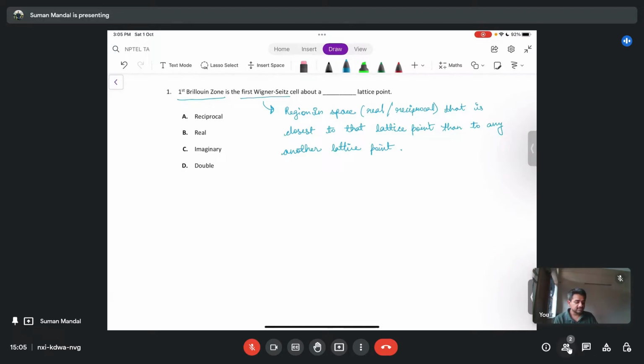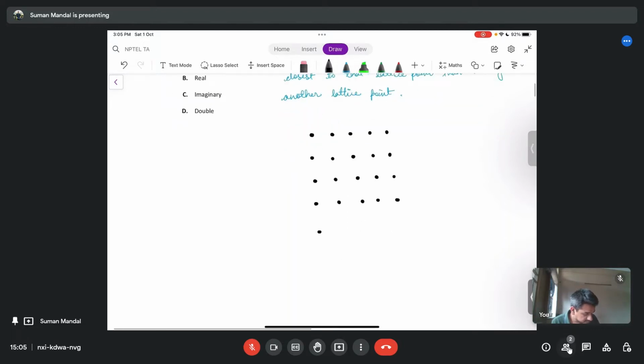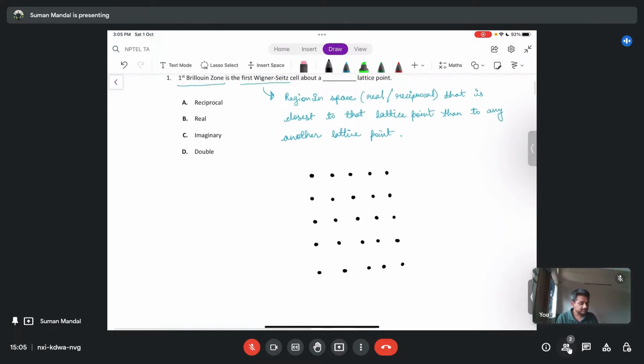What it means is, let's say we have a lattice. It may be in the real space or reciprocal space. Let us consider this particular atom in the center.